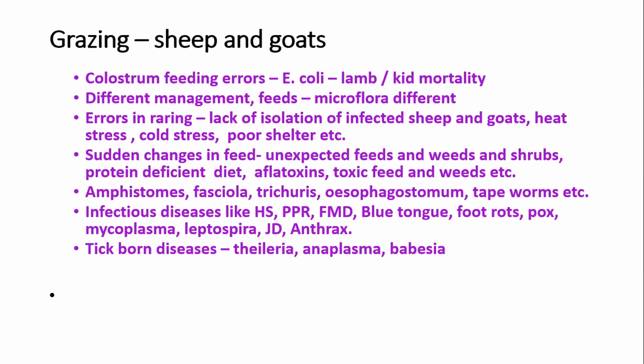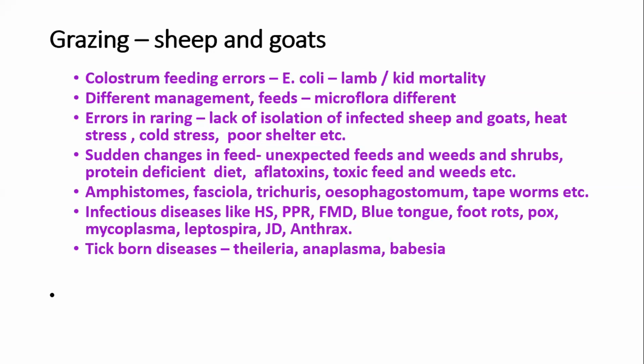Many times there are protein deficiencies, so there is no challenge feeding to them. There is no specific pregnancy diet, so the ewe or the doe generally suffers from protein deficiency. Then aflatoxicosis is also a common factor. Toxic feeds and weeds are also a very big problem for grazing animals.